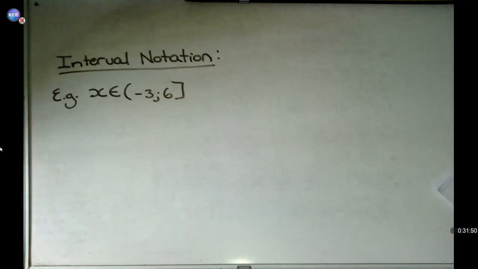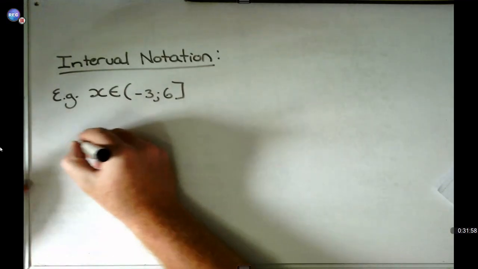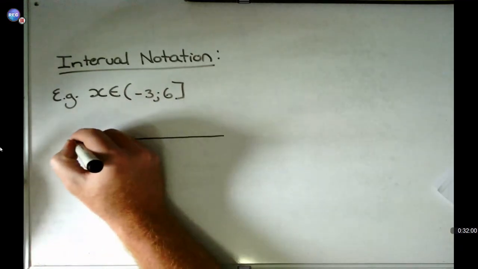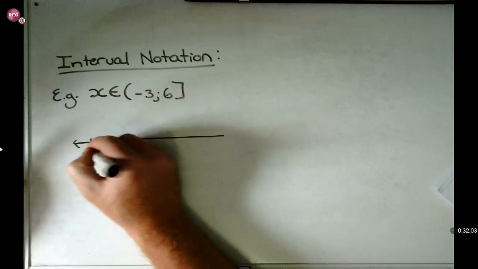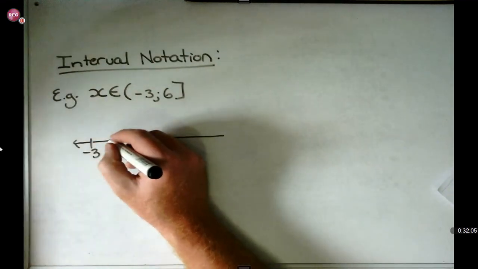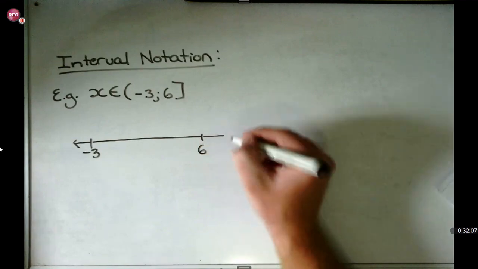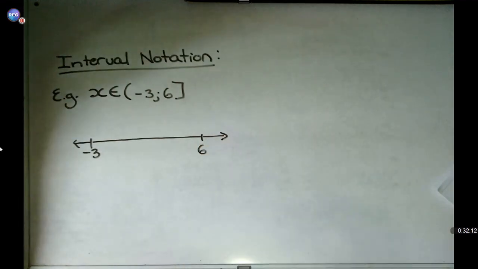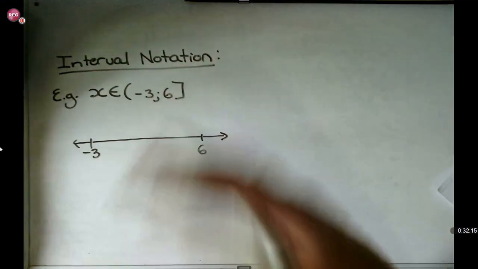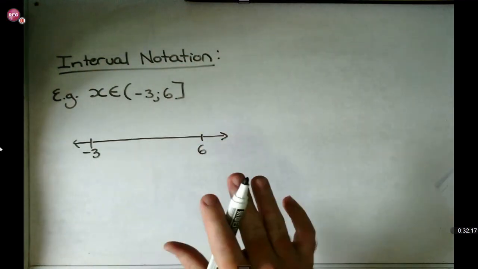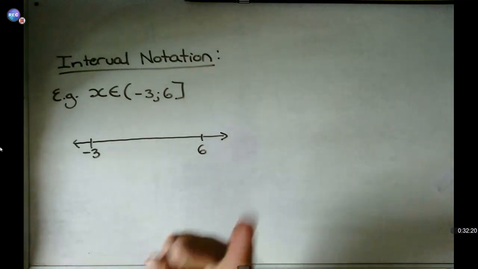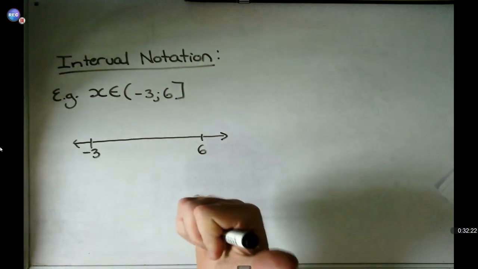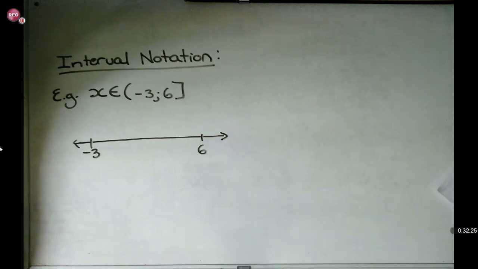So to draw the following, you're going to do it like this. You're going to draw the number line. We are going to start at -3, and we're going to end at +6. Now, why am I doing this? Why do I not have element of real numbers, etc.? That does not matter at this stage. The only thing that you need to know here is when am I using an open dot, and when am I using a closed dot.